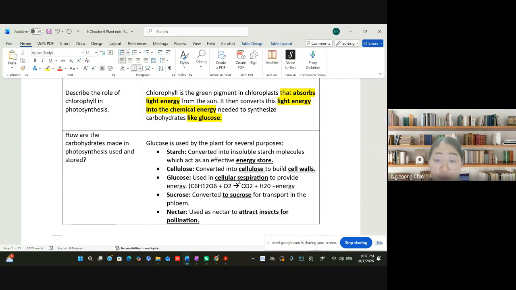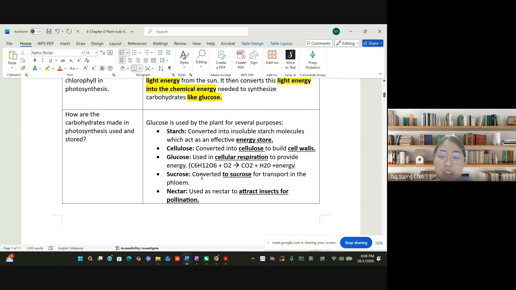If we don't have glucose, the cell is unable to carry out cellular aerobic respiration. A plant cell without glucose cannot carry out aerobic respiration, so it cannot release energy to supply itself.